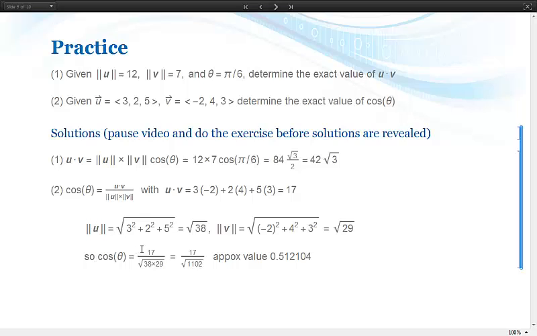The cosine is the dot product divided by the product of the lengths. That's 17 over the square root of 1102. The approximate value of this is about 0.512 as shown there. Okay, well hopefully you got something like that, or this review was helpful.